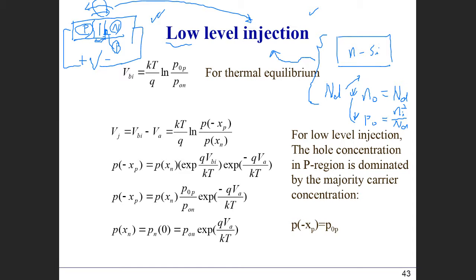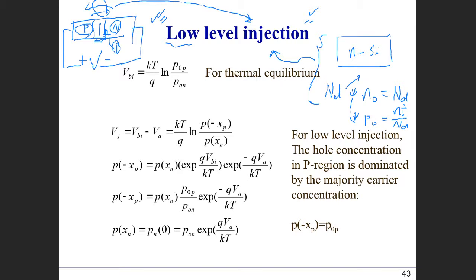Now, the level of the minority carrier concentration is lower than the majority carrier concentration. That's the condition we define as low-level injection. In the following slide, I'm going to also show the detail of that concentration when you apply different bias. But at this point, that's the definition of low-level injection.